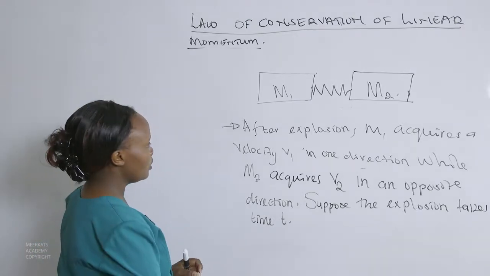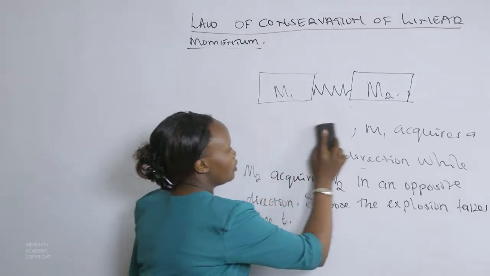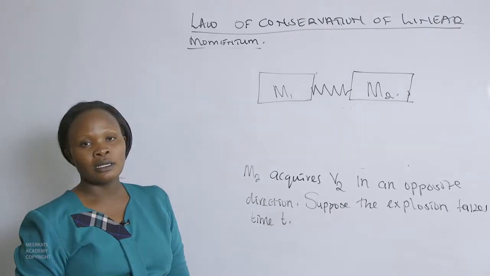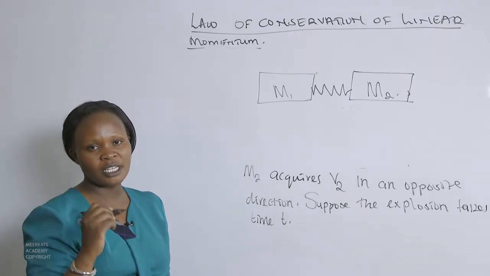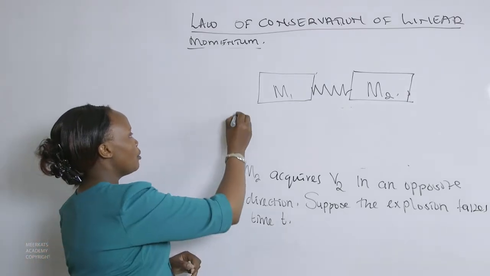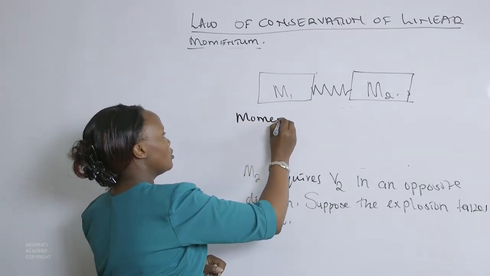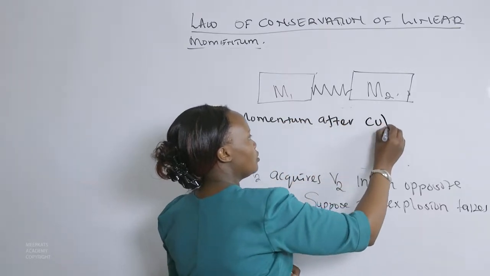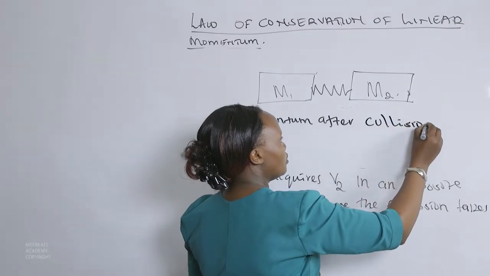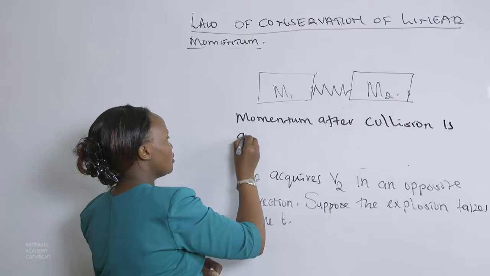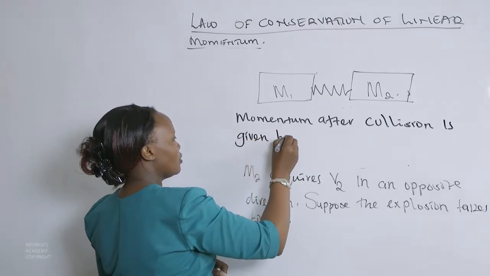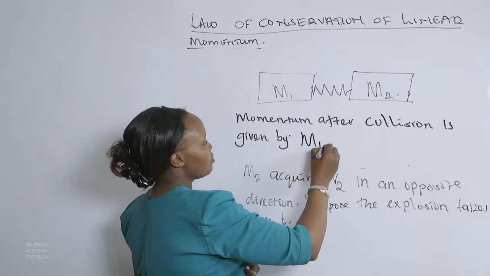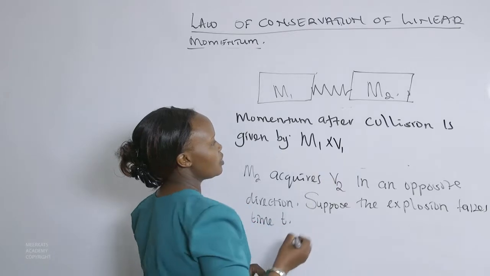Now, the first thing we can talk about is the momentum after collision. Momentum after collision is given by, for m1, the product of mass 1 and the velocity it acquires.